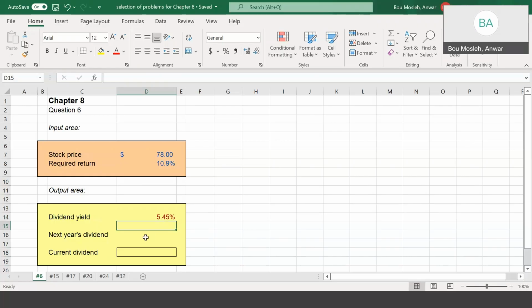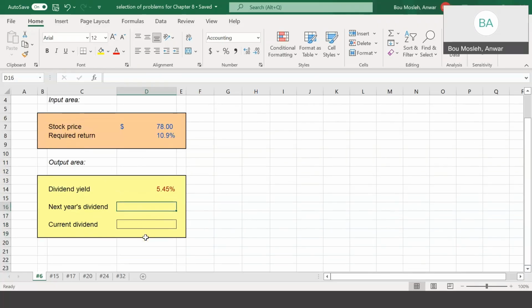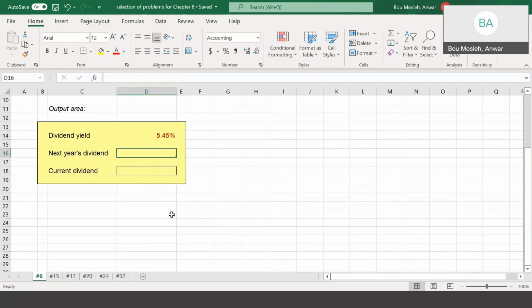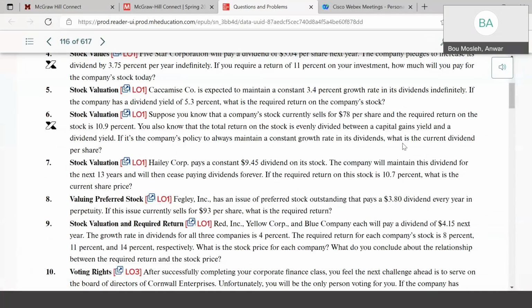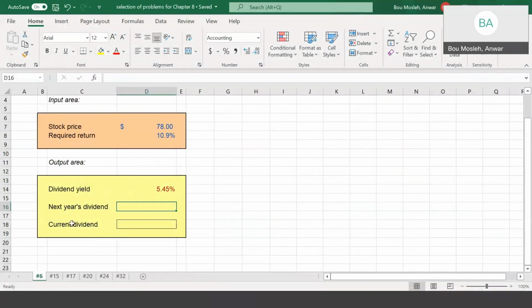So the question is, what is the current dividend per share? Okay, so we know the dividend yield is 5.45%, total is 10.9%, and 78 is the share price. So what is the dividend yield?